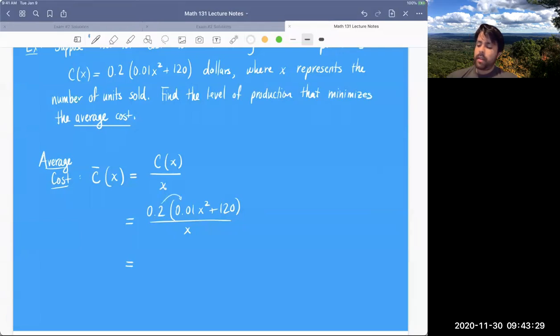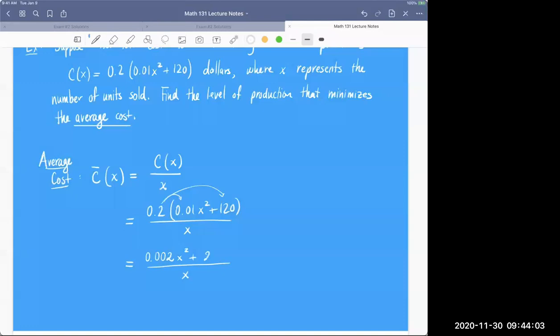So what if I multiply this out? Distribute. What's 0.2 times 0.01? It's going to be 0.002x squared plus, what's 0.2 times 120? It's 24.